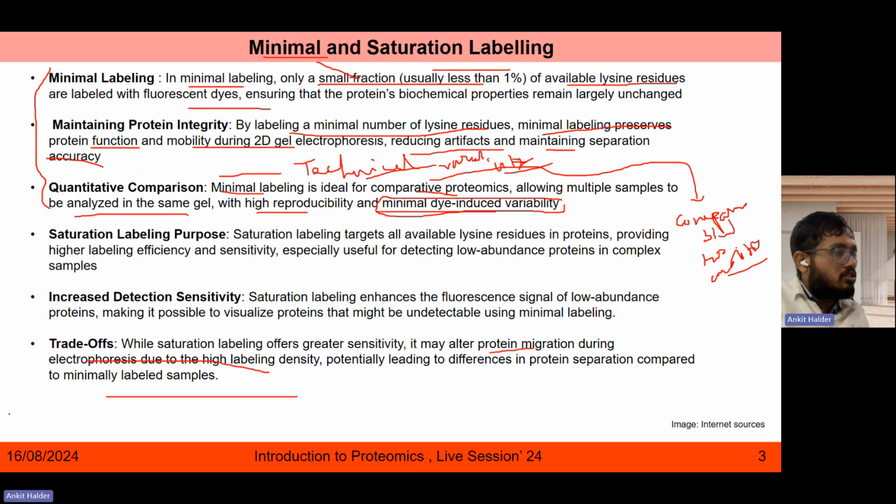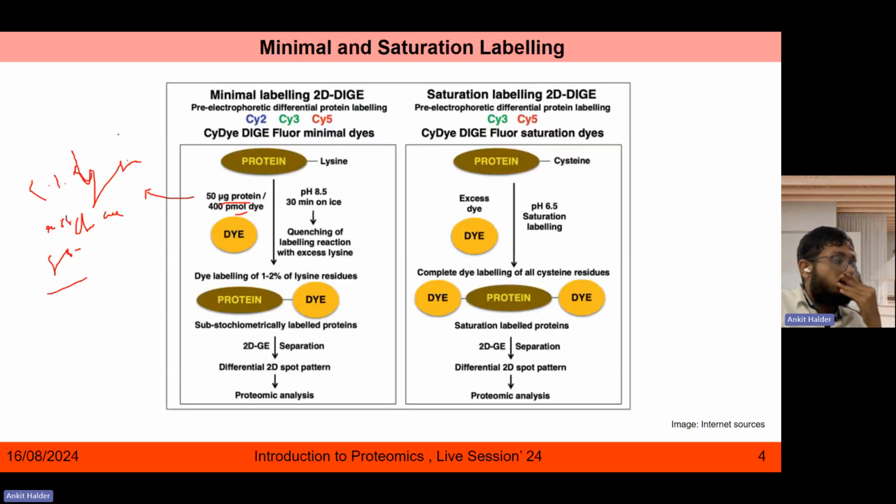And the dye binds through the lysine residues, as you know. We keep this at pH 8.5, for 30 minutes on ice, and then quench the labeling reaction with excess lysine. So you need to quench the excess reaction by adding additional lysine, which will take away the excess dye.